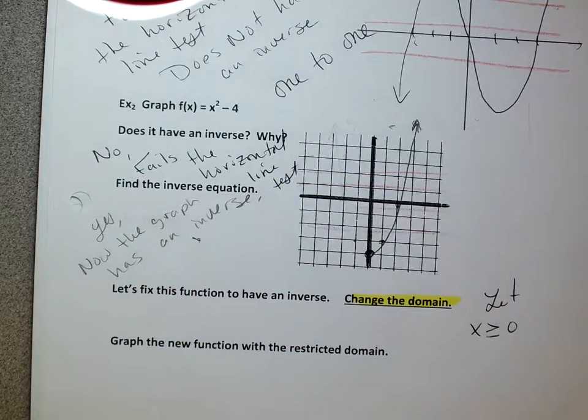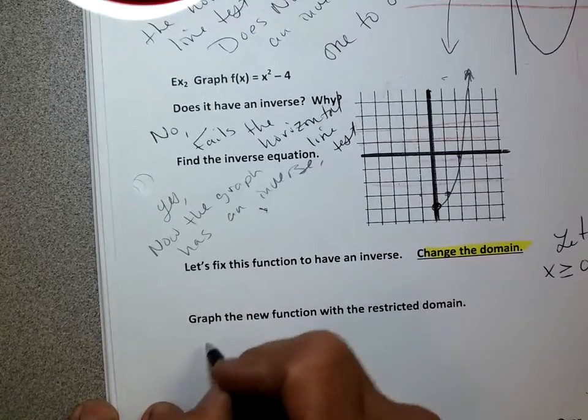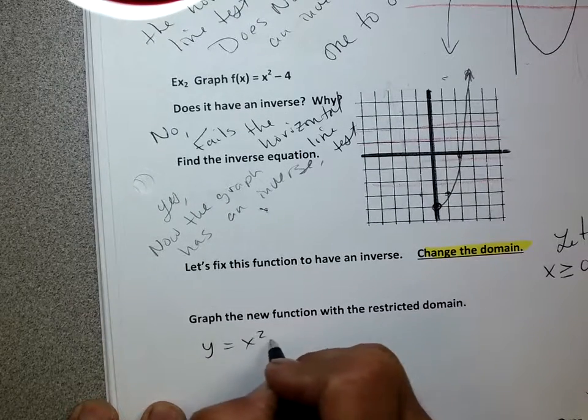So what's the inverse equation? Well, we learned back when we did logarithms that when you do the inverse, you switch x and y. When you want to find the inverse of something, every x becomes y and every y becomes x, so you switch them. I know that I have f of x, or y equals x squared minus 4.